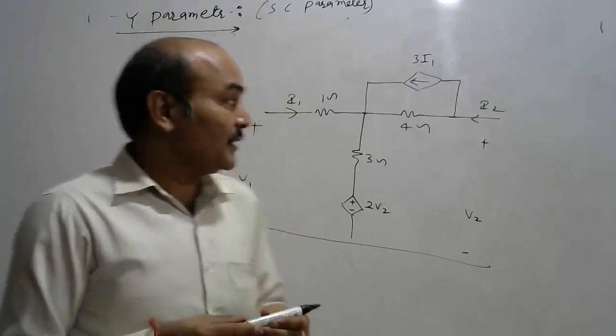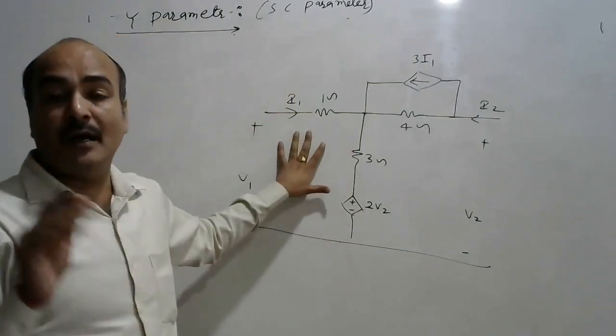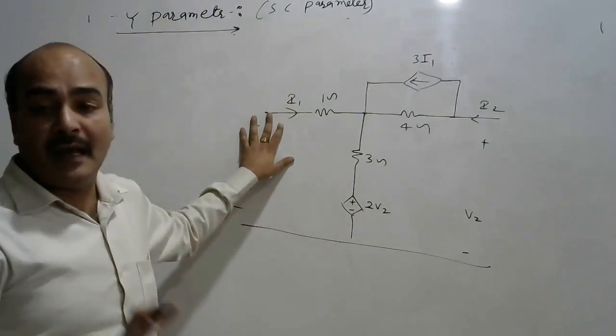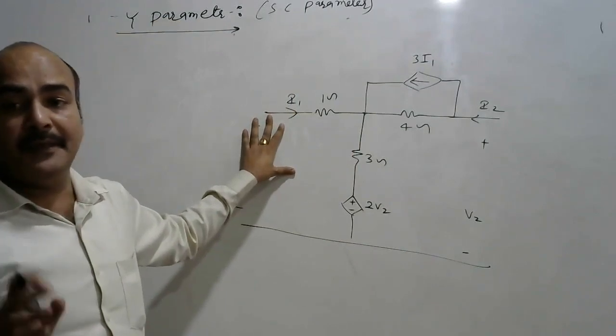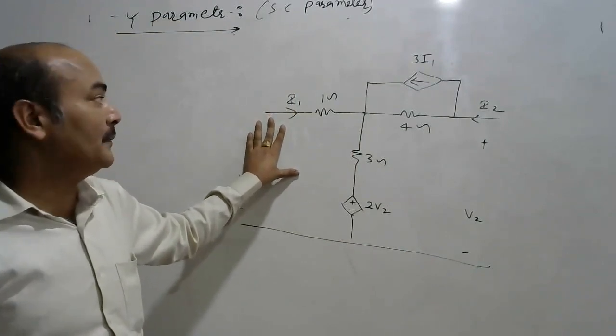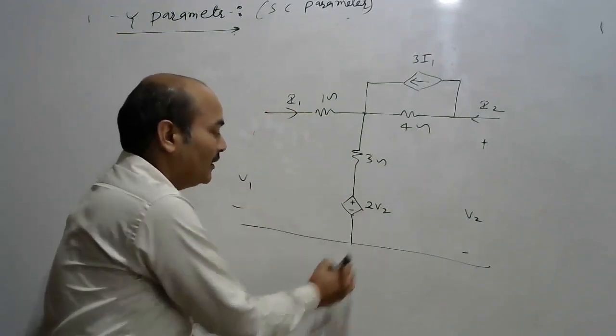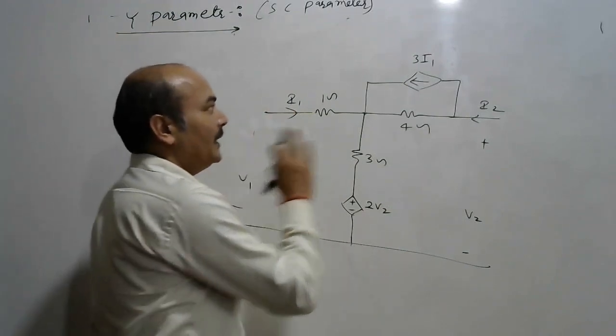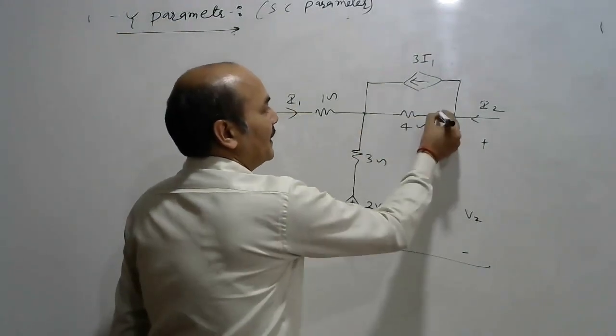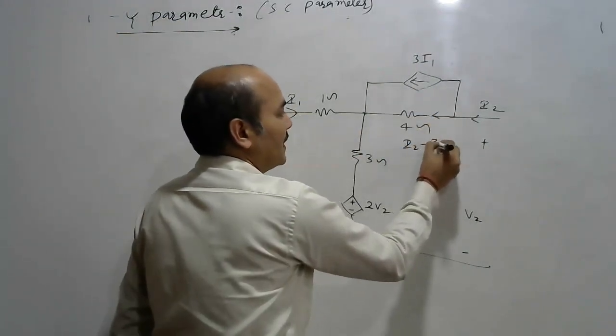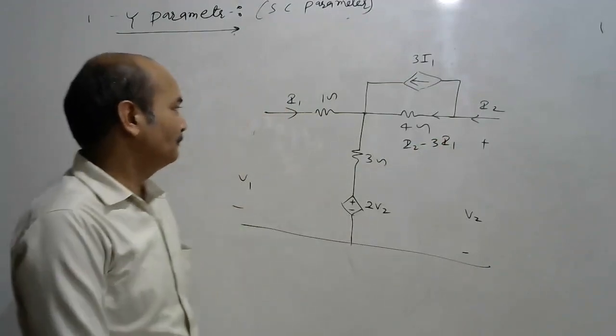So the first question is saying find the Y parameter. Our target is to make I1 a function of V1 and V2, and I2 a function of V1 and V2. So first divide the current in all the circuit. See, this is I2, and 3I1 current is here. So the current in this branch is I2 minus 3I1.